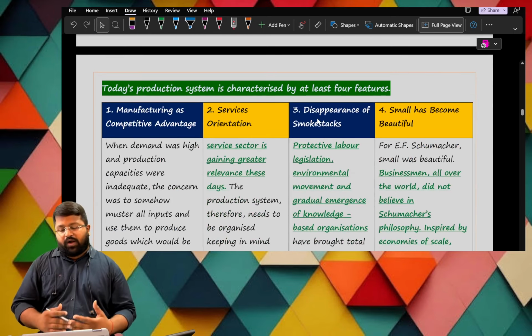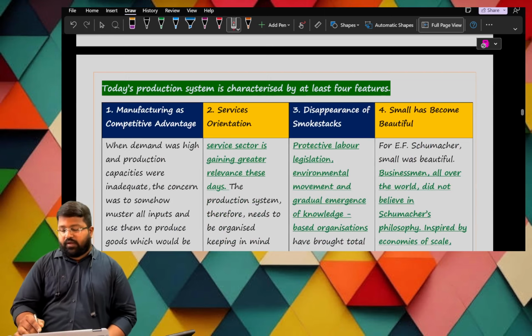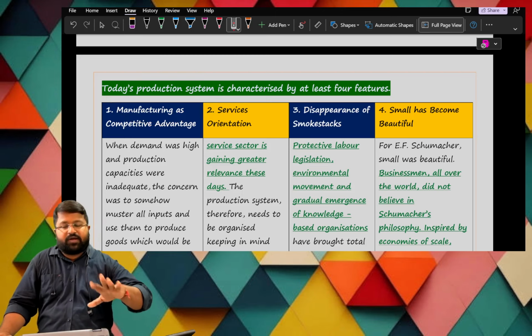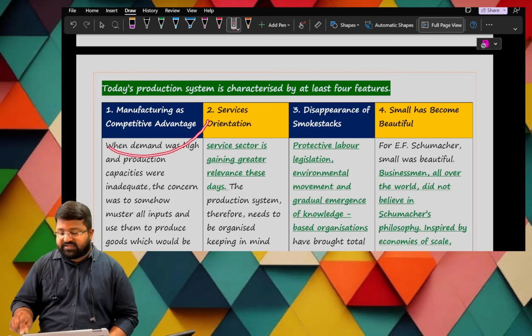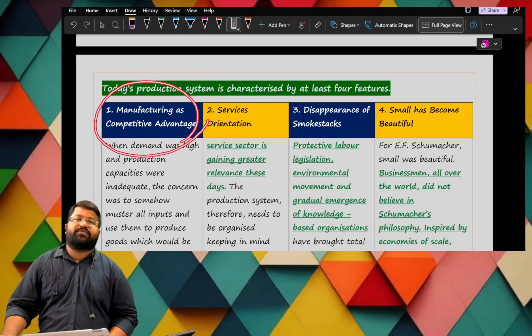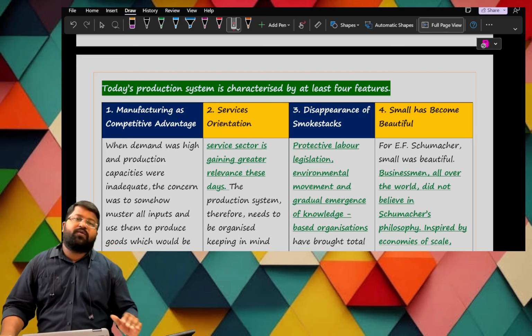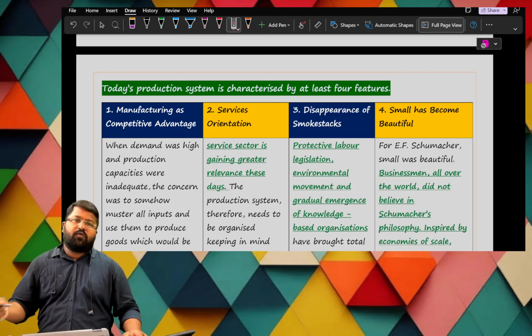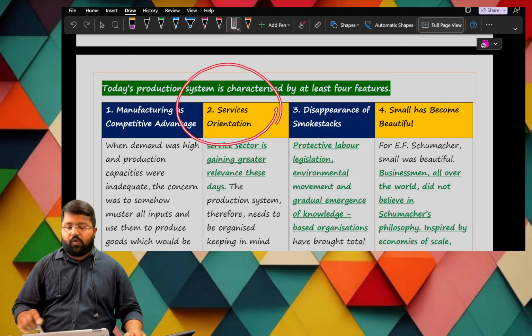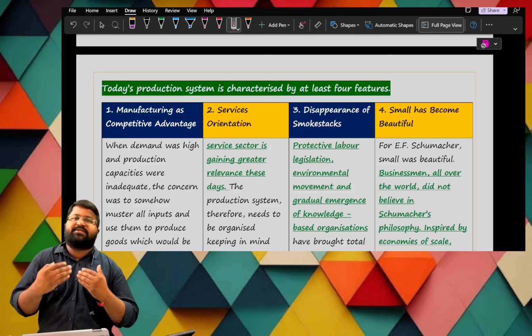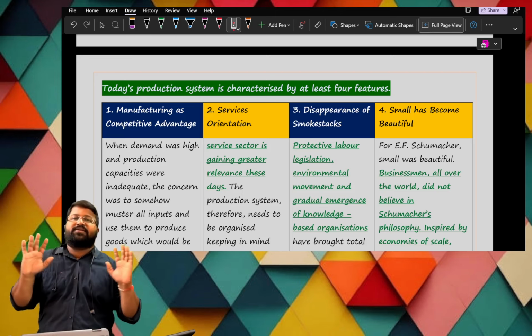That is, what are the characteristics of the production system? The present production system has good characteristics. First one, manufacturing as a competitive advantage. We are taking manufacturing as the best competitive advantage. How, we shall see. Service orientation: now our industries are service oriented. If we give the best service to customers, they will give the best to us.